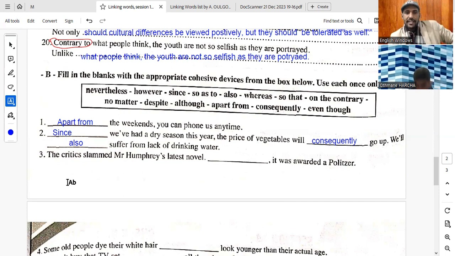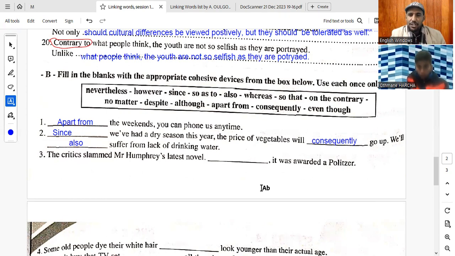Number three: the critics slammed Mr. Humphreys' latest novel. It was awarded a Pulitzer. A Pulitzer here is a kind of trophy or prize, a literary prize.